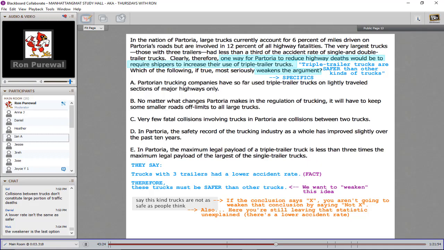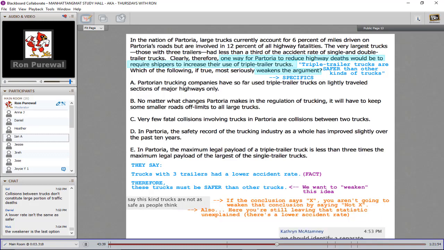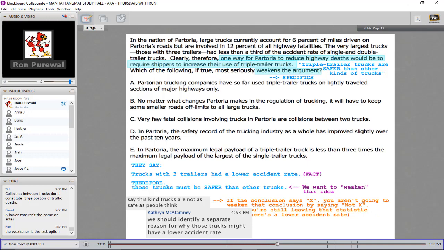So what you need to do is what Catherine says, which is you have to actually explain the statistic in a way that doesn't have to do with triple-trailer trucks being safer. That's what you have to do. Exactly.